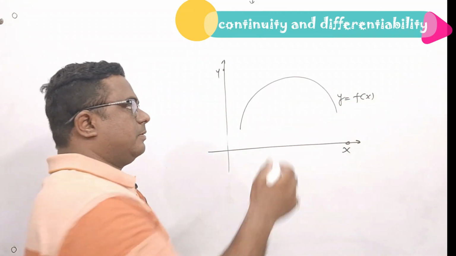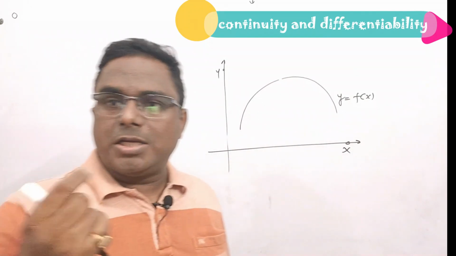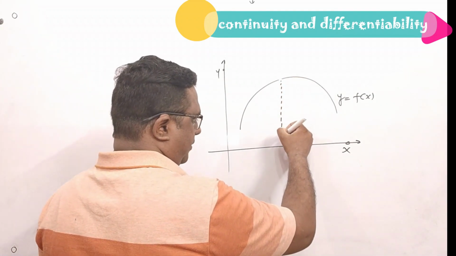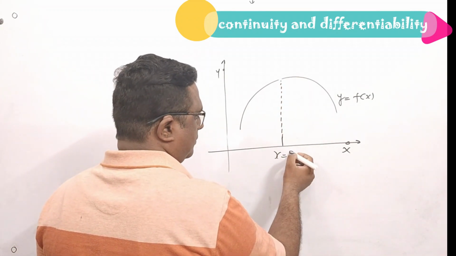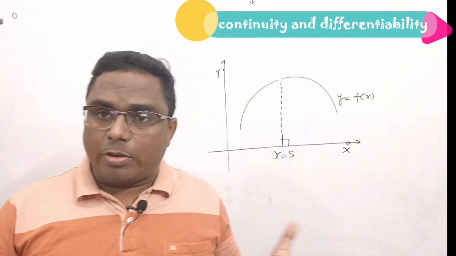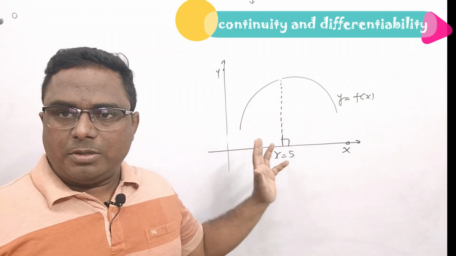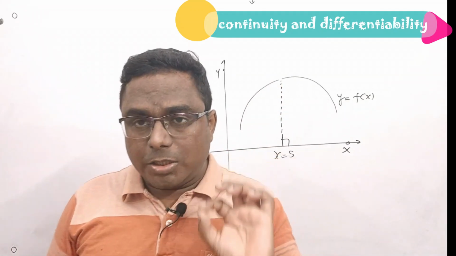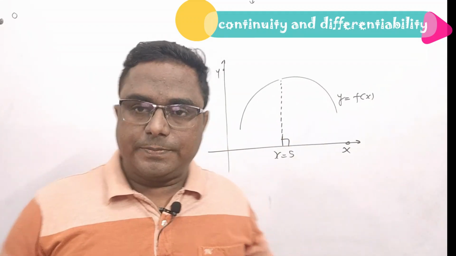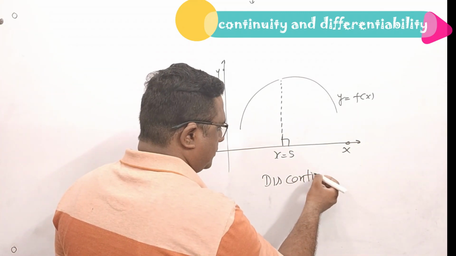And in this graph, I have developed a small pinpoint gap at x equal to 5. Then as you can see, this graph is broken at this point, which is at x equal to 5. So I can say that at x equal to 5, this function is discontinuous.